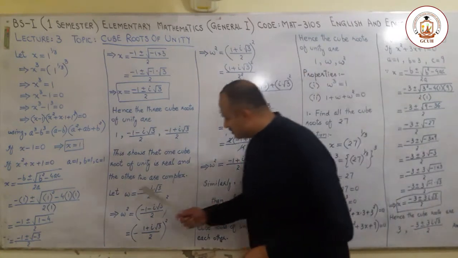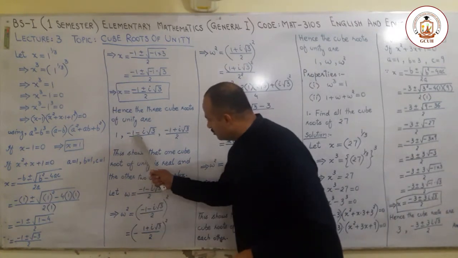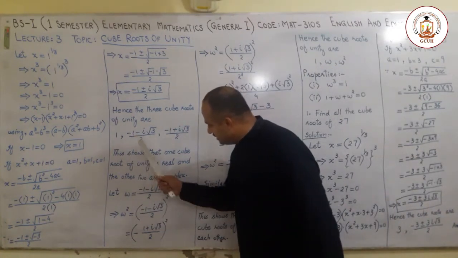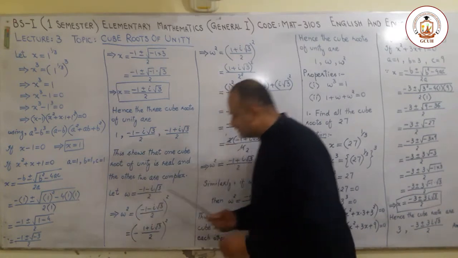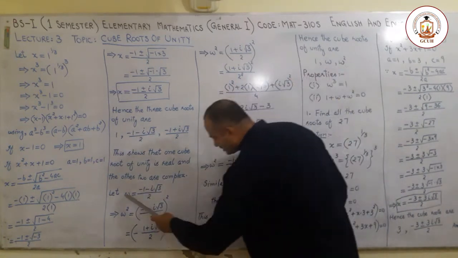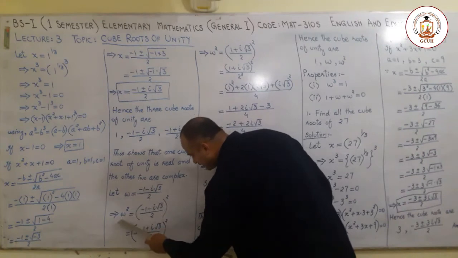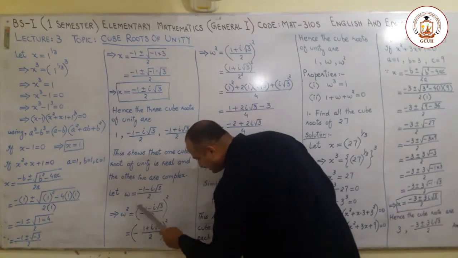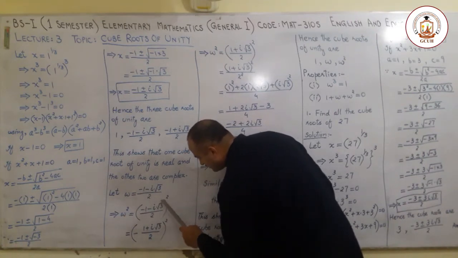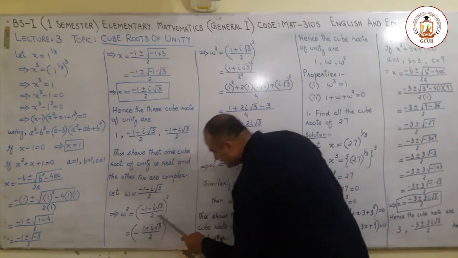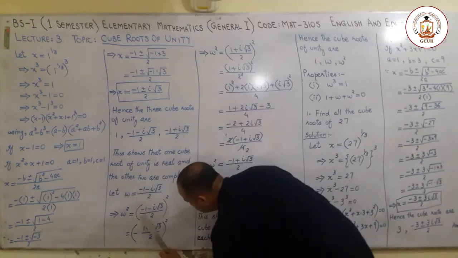Now let us suppose the cube root of unity with minus sign is equal to omega. Let us square both sides in the next step. So here we have omega square and here we have the square of this fraction. So in the numerator minus is common.